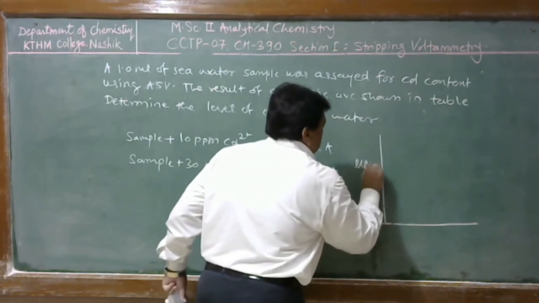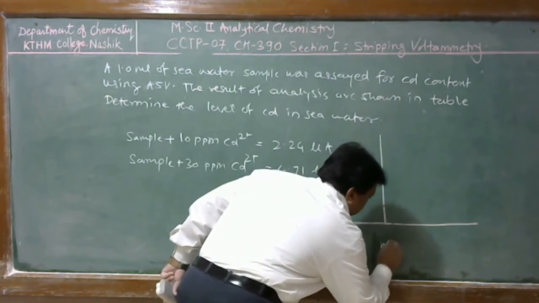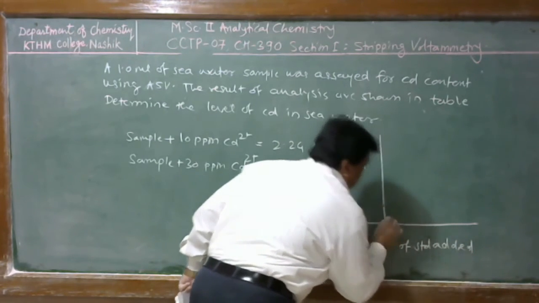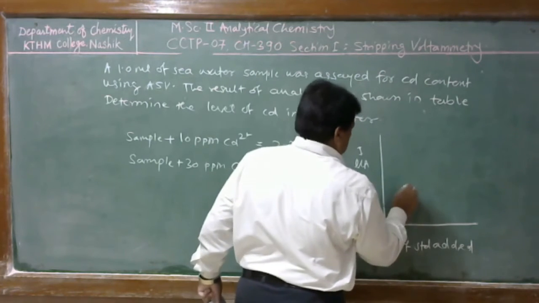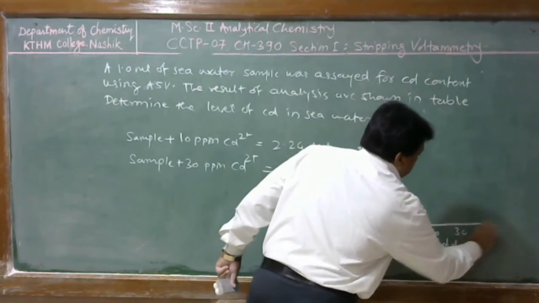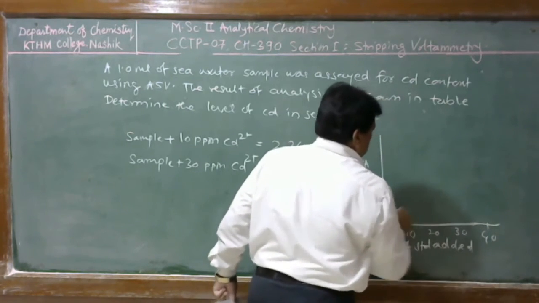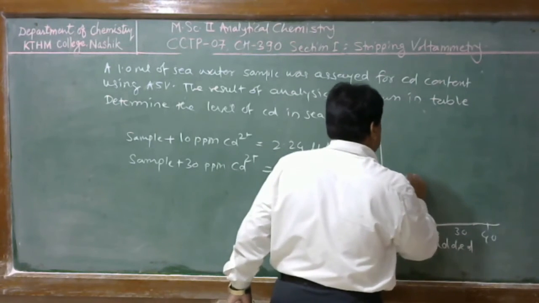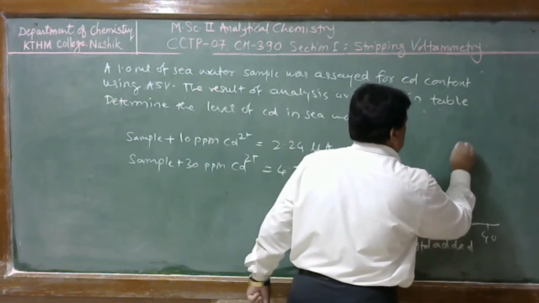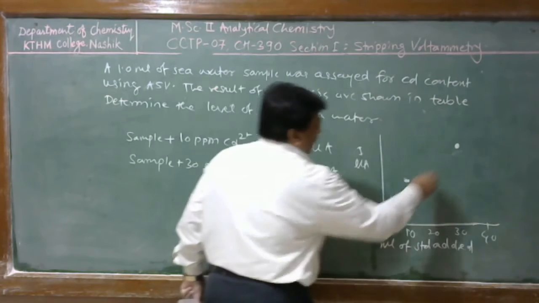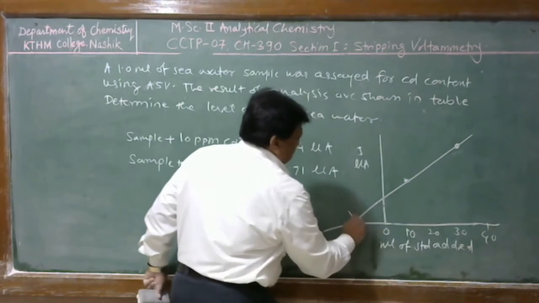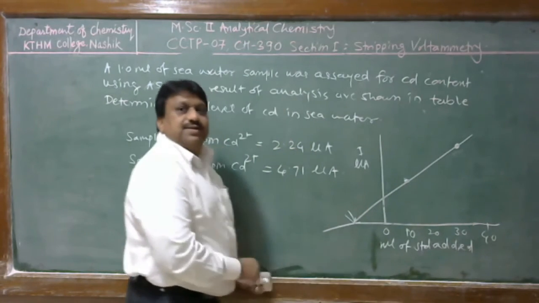Here the current is measured as a function of ml of standard added. At addition of 10, 20, 30 and 40, we have a peak current, and when we connect these points, then this gives the concentration of the sample.